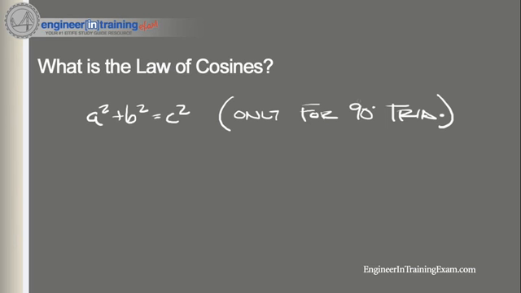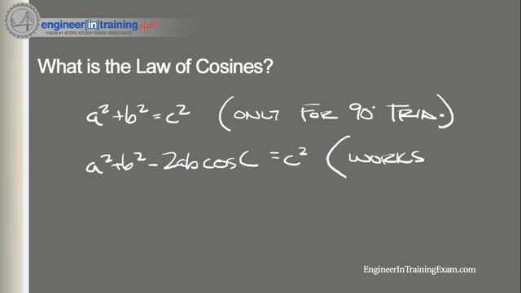Now the law of cosines is a squared plus b squared minus 2ab cosine of the angle C, which is equal to c squared. And this works for all triangles. If you plugged in 90 degrees right here to make this a right triangle, this whole term would disappear, making it the Pythagorean theorem. So that's basically a quick way you can remember what the law of cosines is.